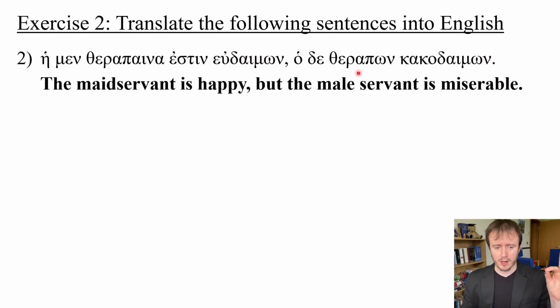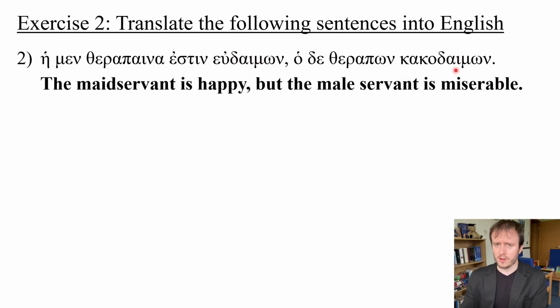And speaking of that contrast, we know that there's a contrast here because of this men-de pair that we have. Men literally means on the one hand, de literally means on the other hand. So this says on the one hand, the maidservant, estin, is eudaimon, happy or fortunate. On the other hand, the male servant, we understand esti again, is miserable or unfortunate.